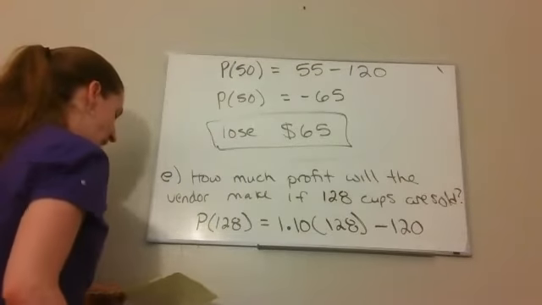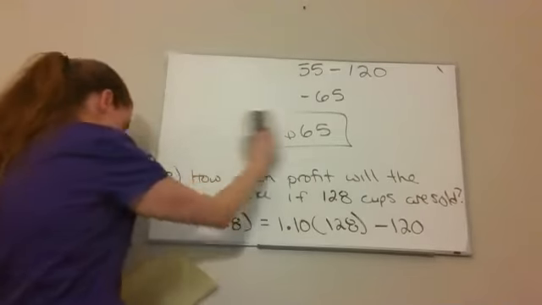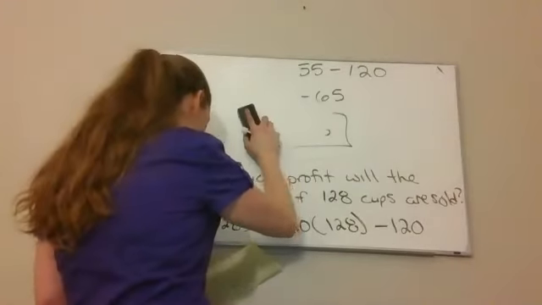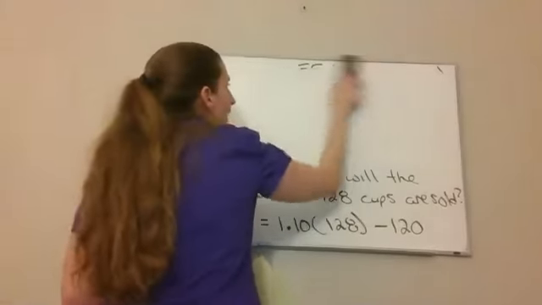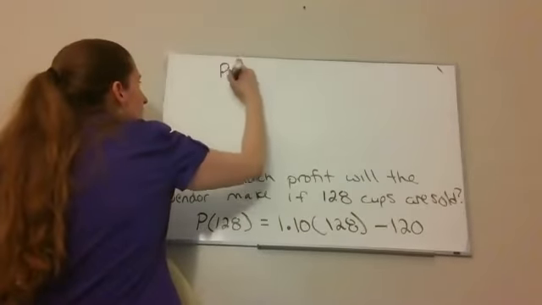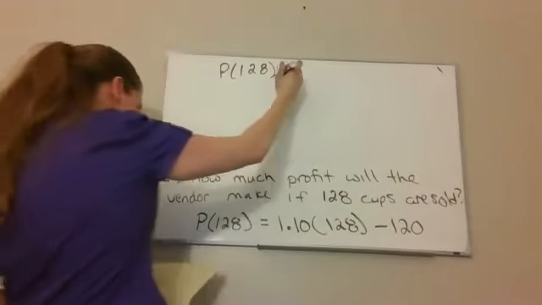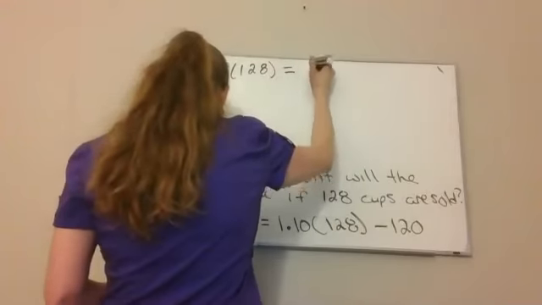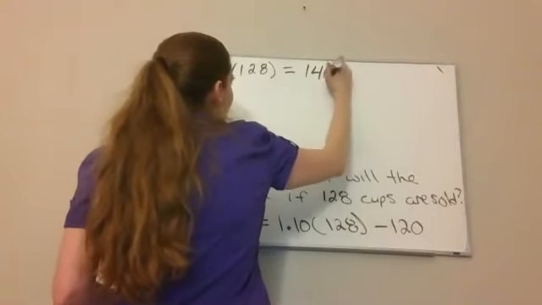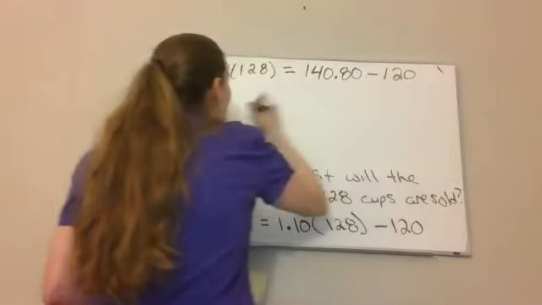Now when I simplify this, the 128 times 1.10 is equal to 140.8. So my profit when we sell 128 cups, I'm at $140.80 minus $120.